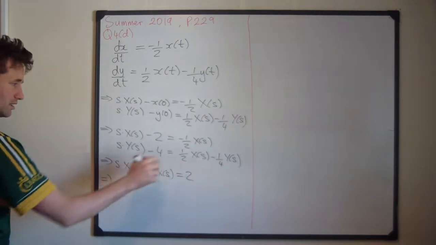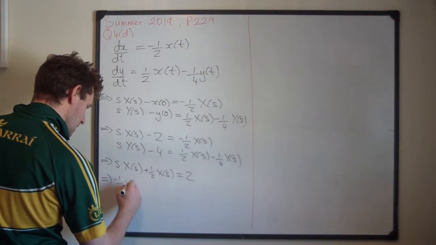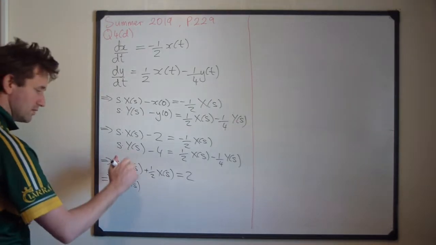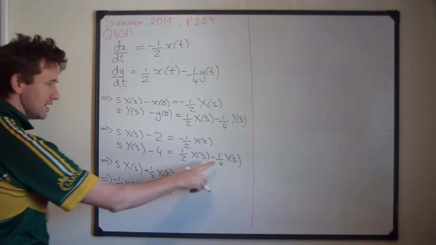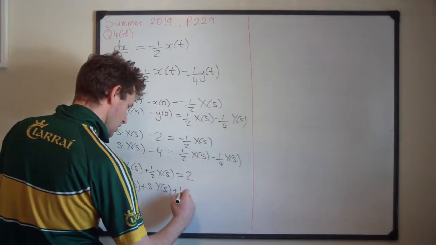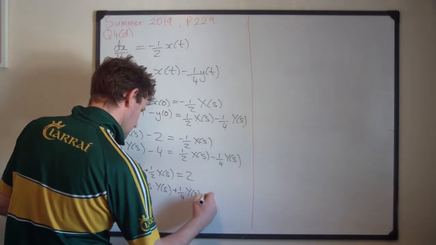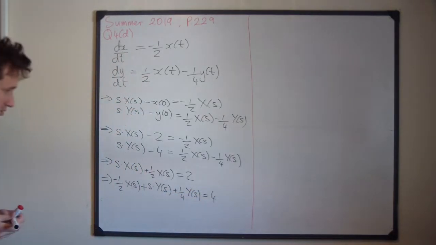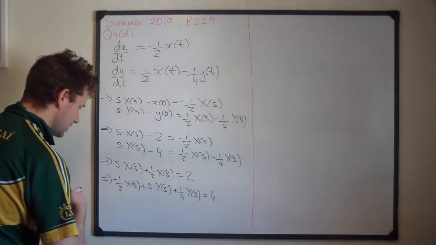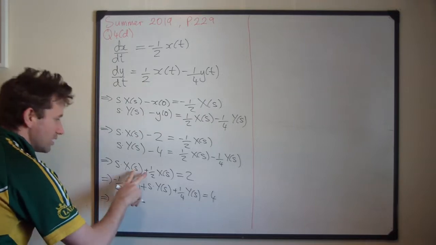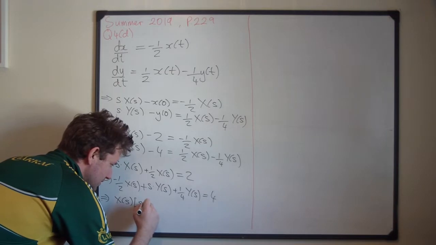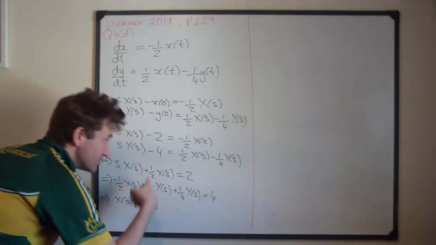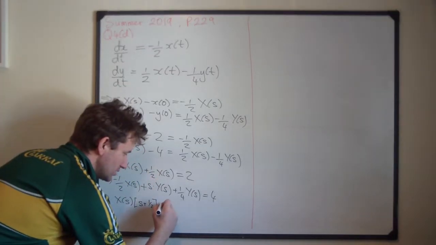The other one, take away the minus a half X of s. You've got plus s times Y of s, and then add the quarter Y of s to both sides, and then add 4 to both sides. Before I write it as a matrix equation, I'm going to get all the x's together. So I'll do what you do normally, take out the common factor of X of s, so X of s times s plus a half, 0 Y of s, which I'll write in.